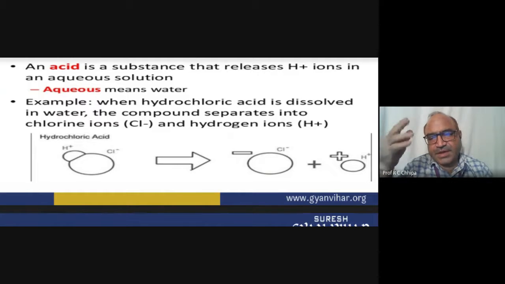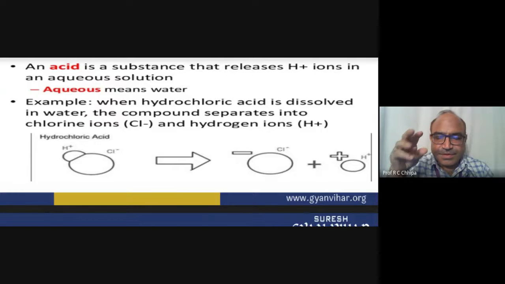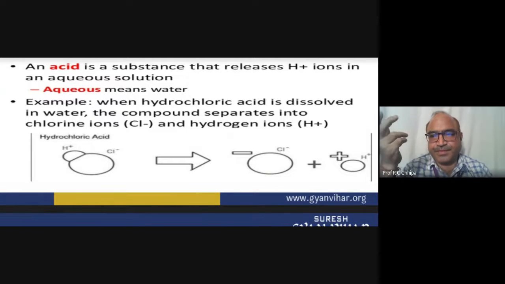Those are the units of concentration. So the concentrated hydrochloric acid itself is 16N.